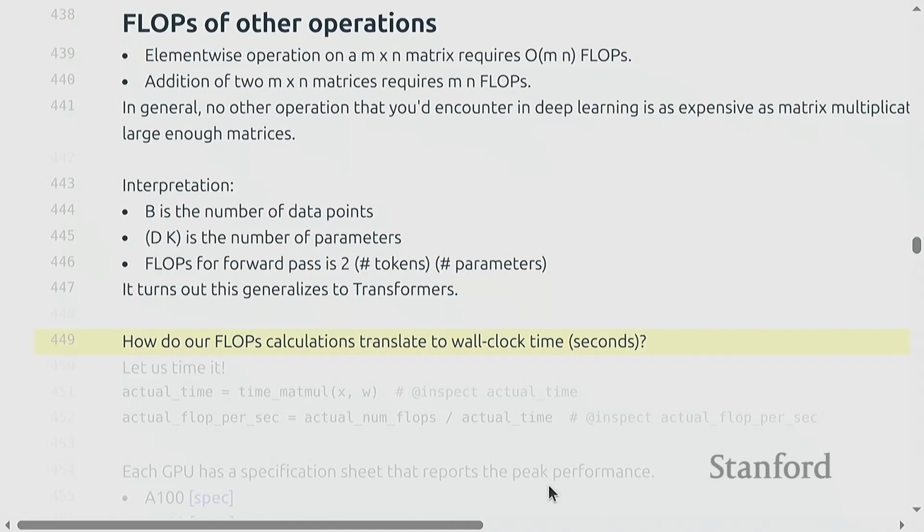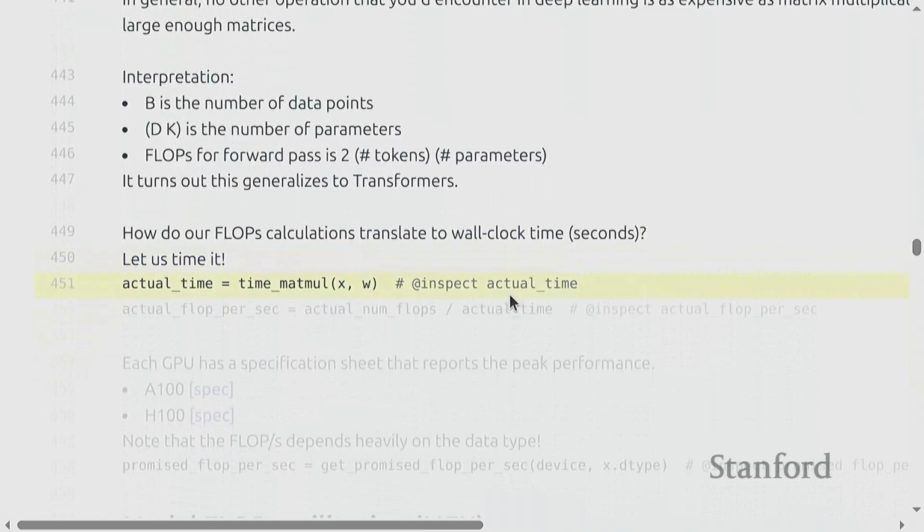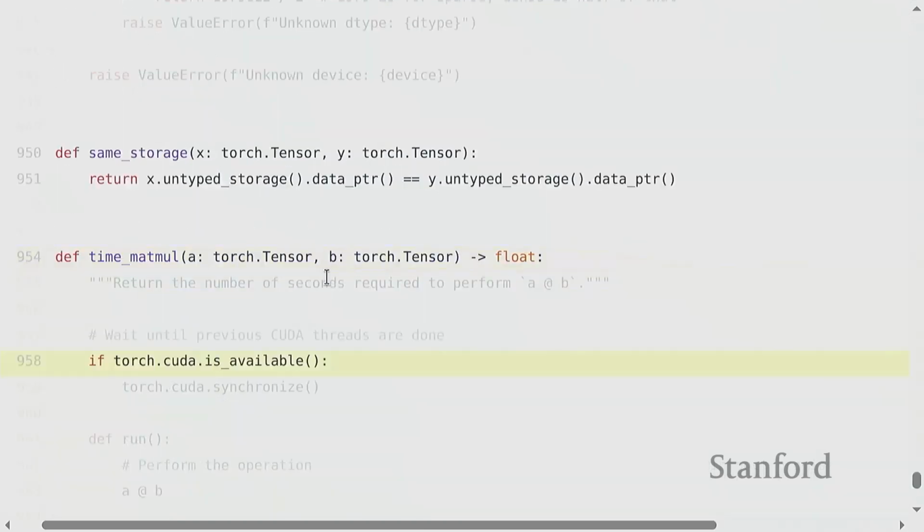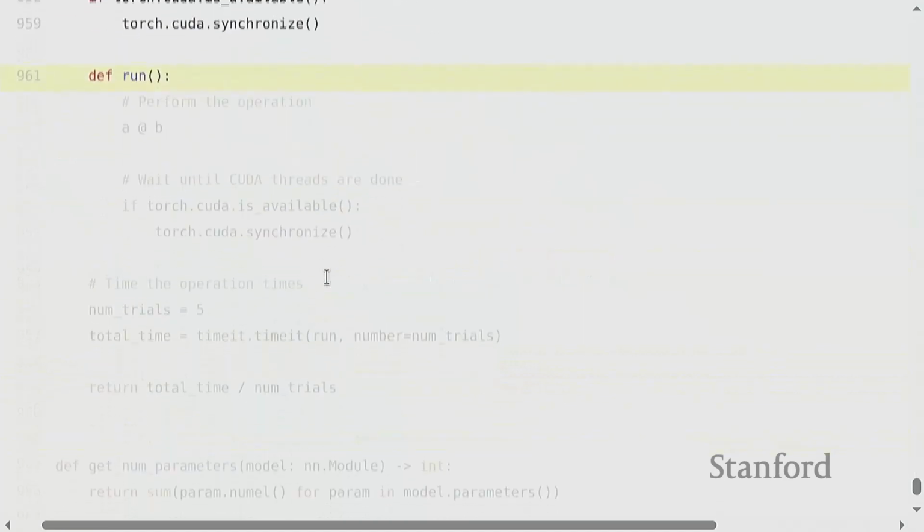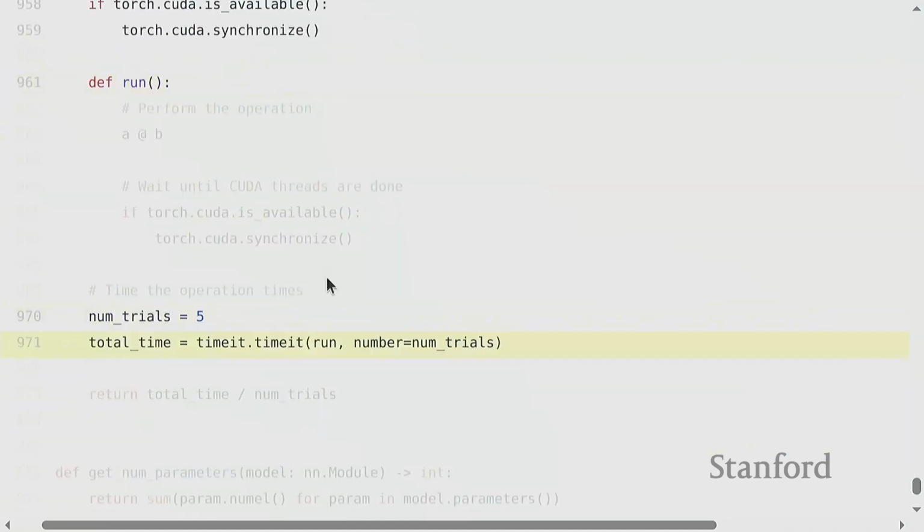Now this is just the number of floating point operations, right? So how does this actually translate to wall clock time, which is presumably the thing you actually care about? How long do you have to wait for your run? So let's time this. I have this function that is just going to do it 5 times, and I'm going to perform the matrix multiply operation.